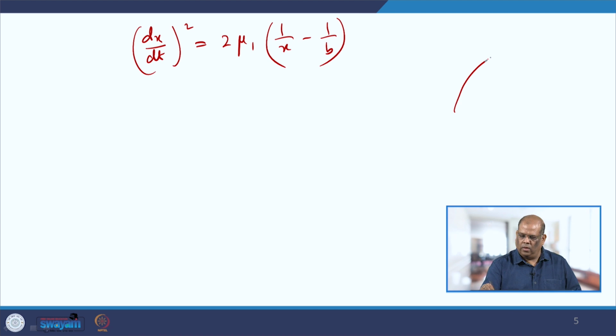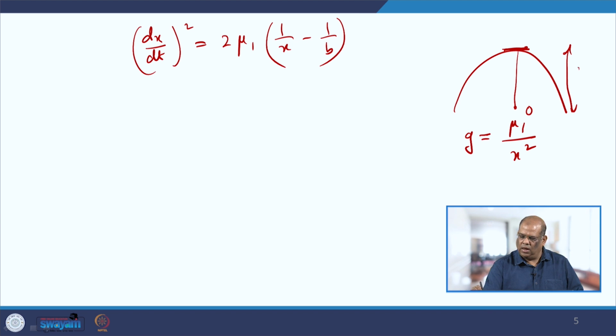Now, on the surface the acceleration due to gravity is g and it follows the law μ1 by x², and at the surface the distance is a. So, I can write g is equal to μ1 divided by a². What we are doing here is trying to find the value of this constant of proportionality μ1 in terms of the gravitational constant.